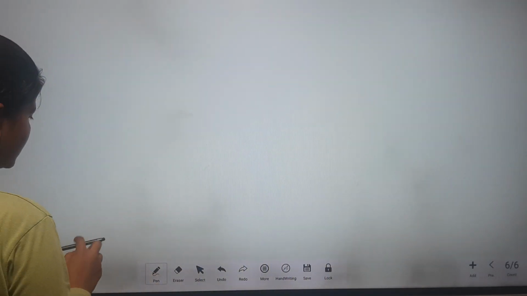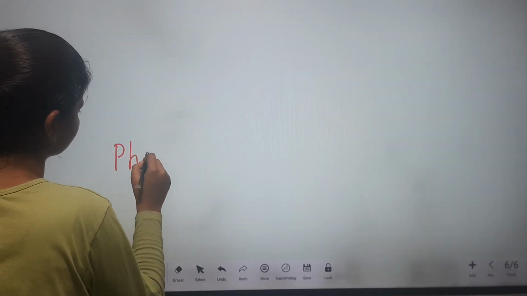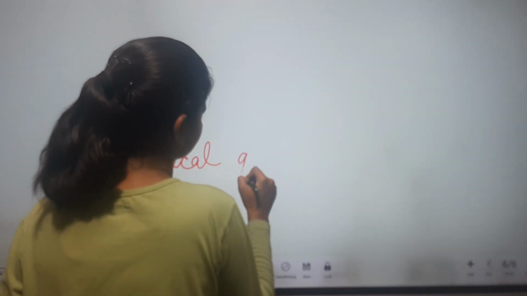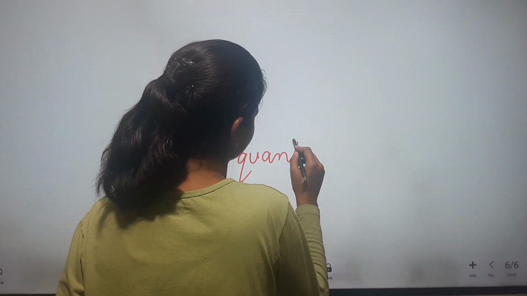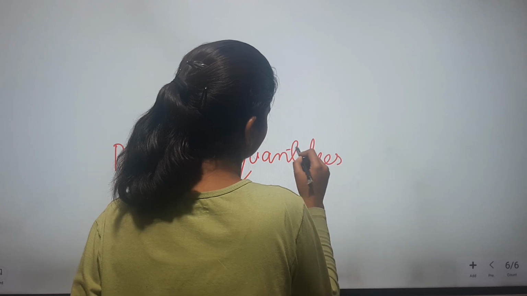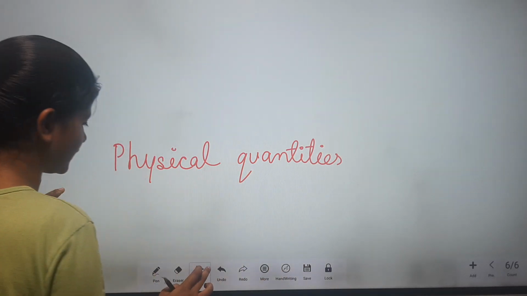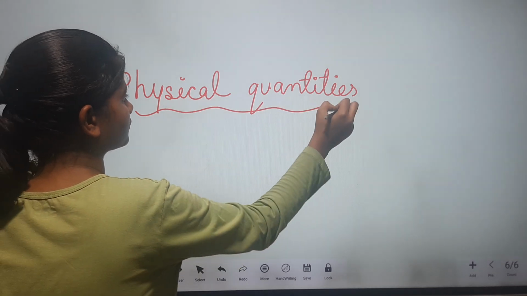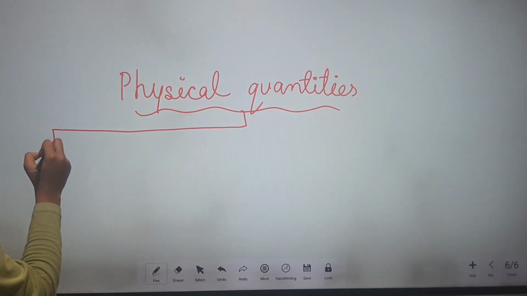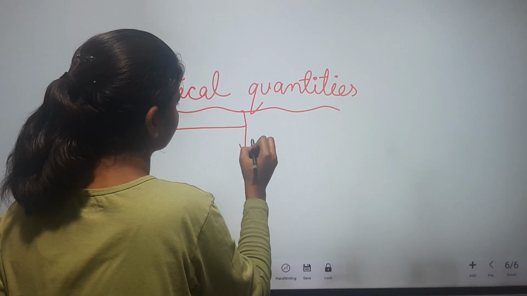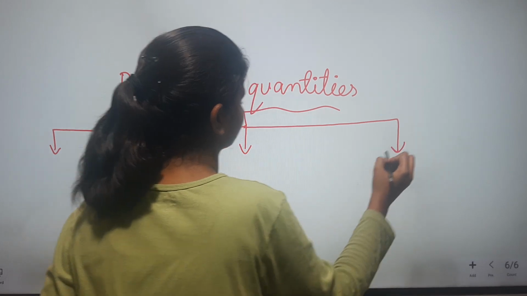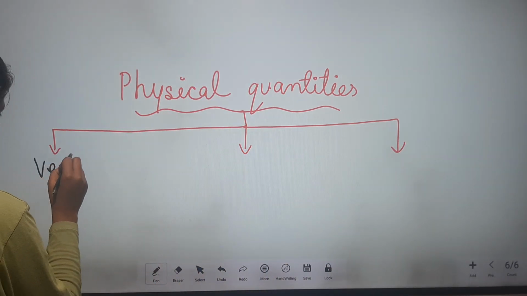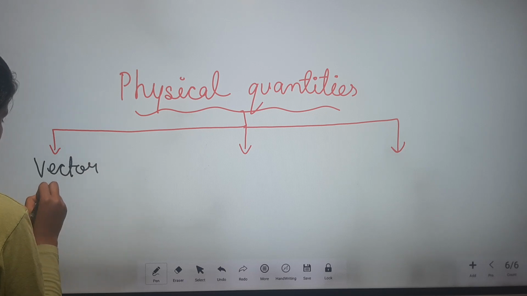Now, physical quantities can be classified into three parts. The first one is vector quantities.